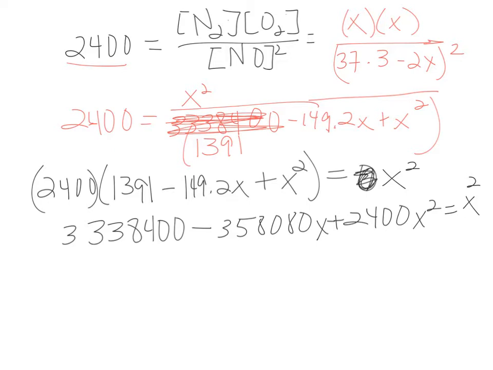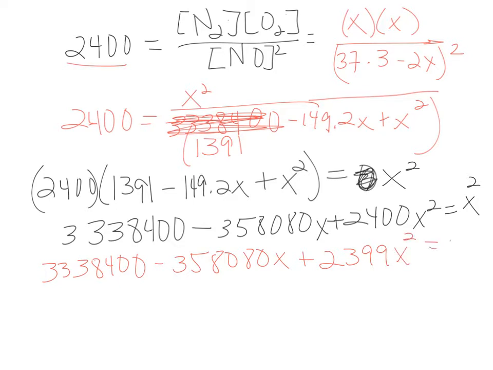So now I'll rewrite it in red: 333,8400 minus 358080x plus 2399 x squared equals 0. Now this is where, if you had a program in your calculator, this is your ax squared plus bx plus c, and we can use the quadratic formula.